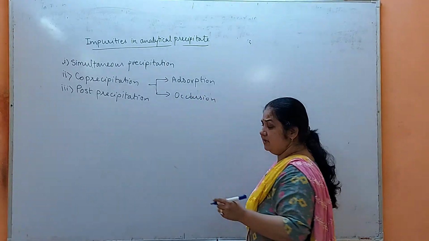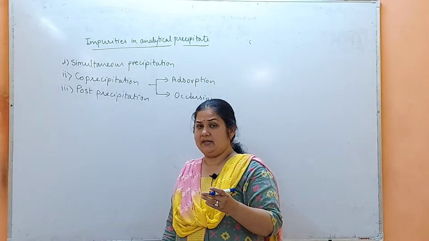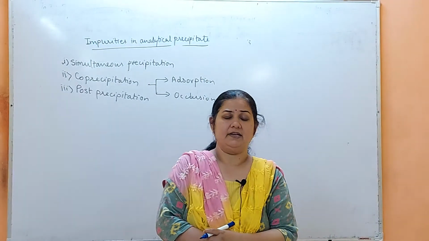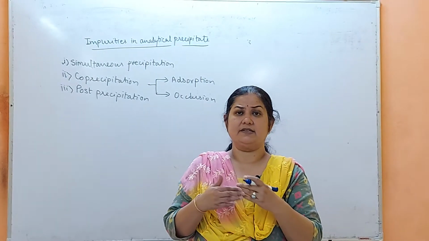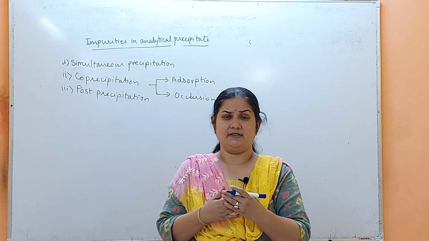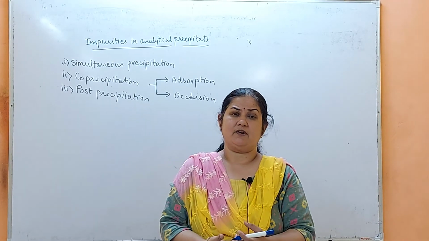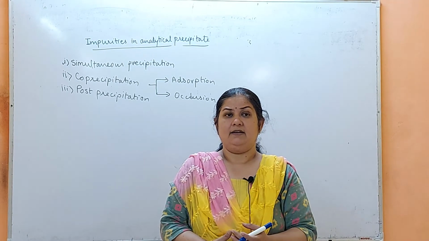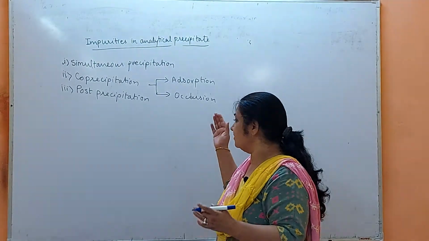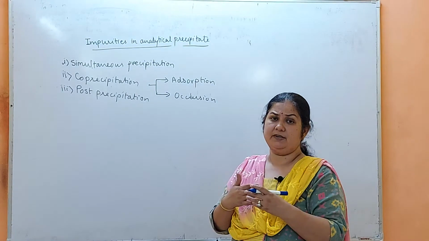Now adsorption means what? The salt gets adsorbed on the surface of the precipitate, and then a secondary layer of impurity is also formed on that surface, and simultaneously adsorption of impurity takes place.